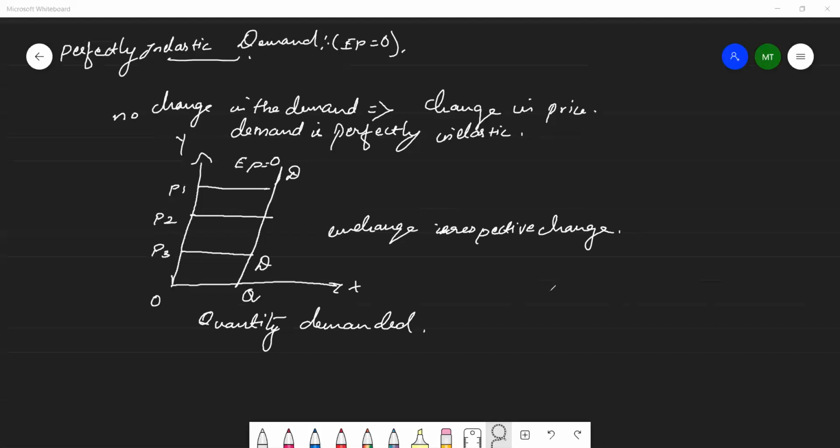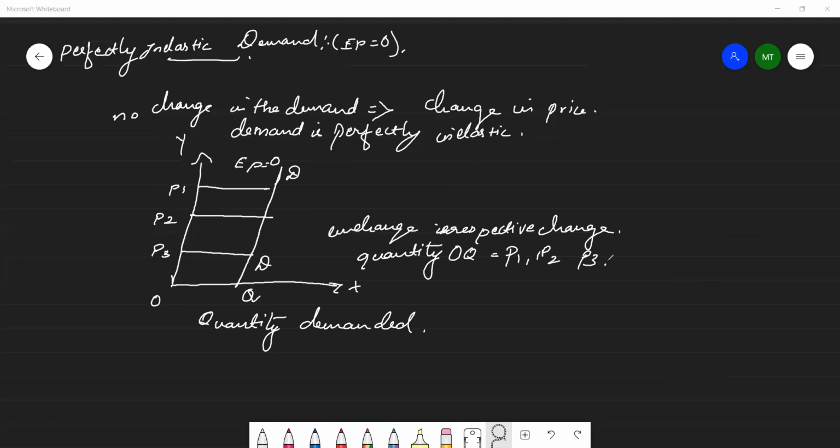The quantity OQ remains unchanged at the different prices P1, P2, and P3.